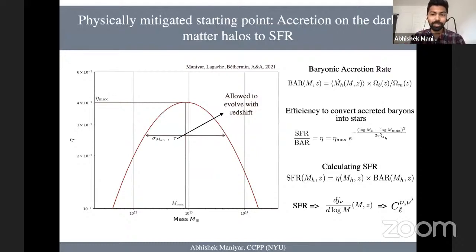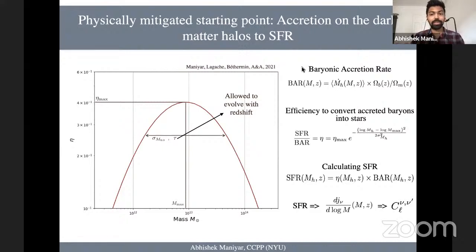In short, we start from a very naive but physically motivated argument: the accretion on the dark matter halos. The dark matter halos grow over time through accretion, and some of this accreted matter is baryonic matter.